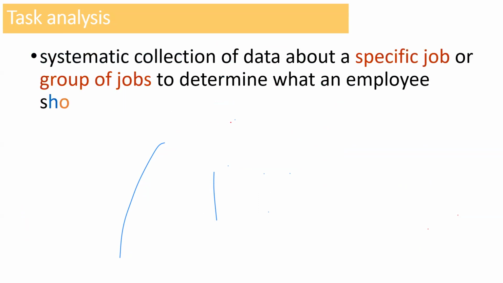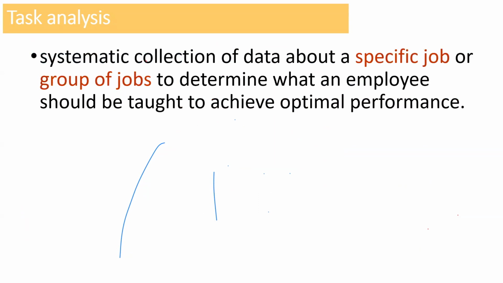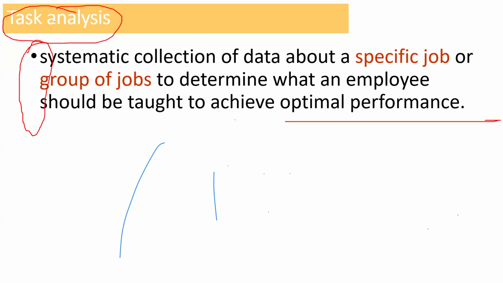Then systematic collection of data, then task analysis: systematic collection of data about a specific job or group of jobs to determine what an employee should be taught to achieve optimal performance. As I told you on the slide before the previous one, task analysis is about analyzing, or assessing, the jobs.